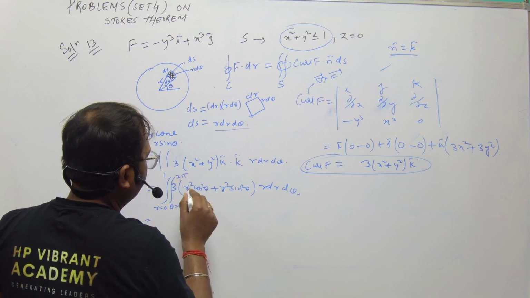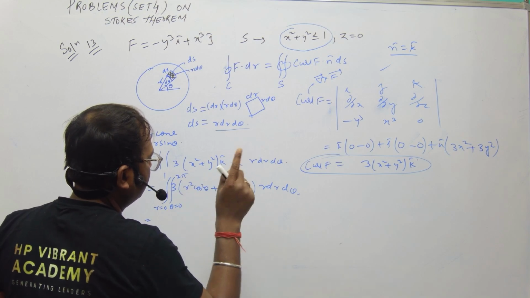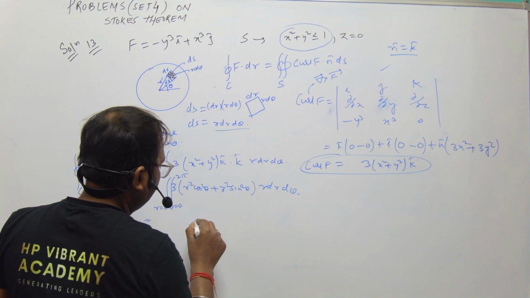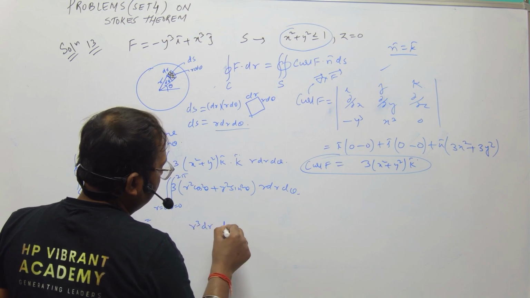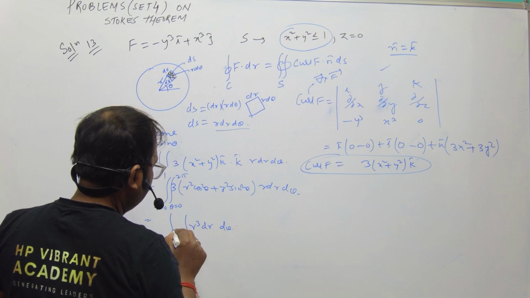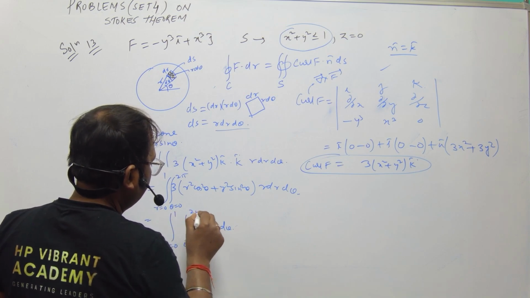When we take r square common, this is cos square theta plus sin square theta, which is 1. So this is r square and this is 1, and with the extra r this is r cube dr and d theta, with r from 0 to 1 and theta from 0 to 2 pi.